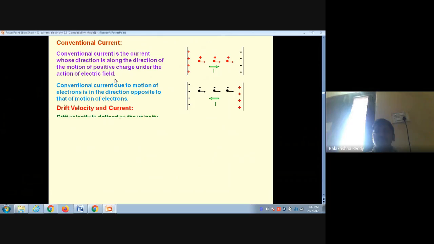The drift velocity, we can say that basically velocity in the sense distance or displacement of an object in unit time.